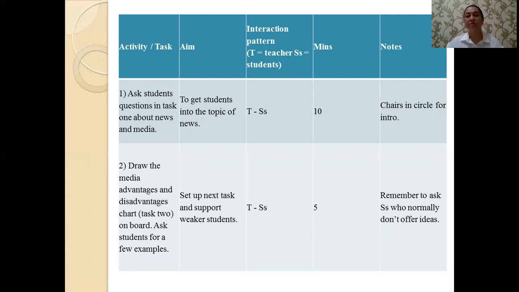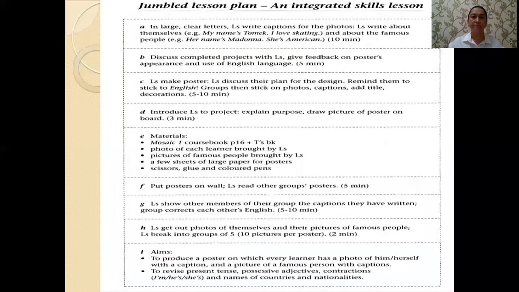Again, teacher to student for interaction pattern. The length of this activity is 5 minutes. Remember to ask students who normally don't offer ideas. So this is also one template for lesson planning.